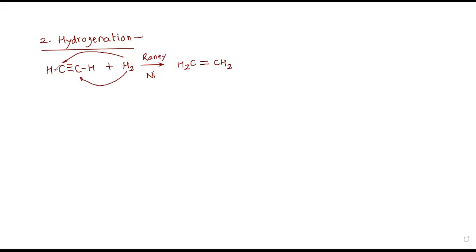One atom got added here, it formed CH2. One atom got added here, it got CH2. We can continue the reaction ahead. So react this further with hydrogen and nickel. One more will be added.